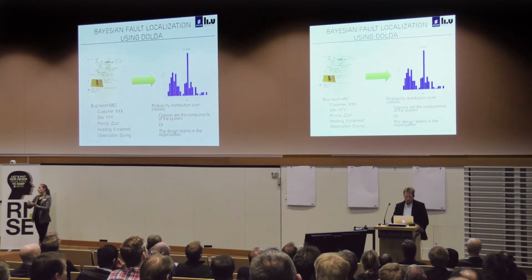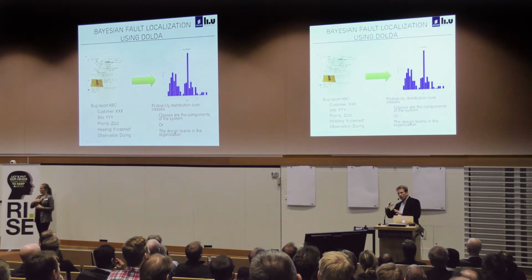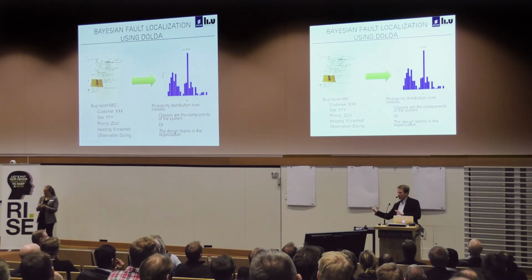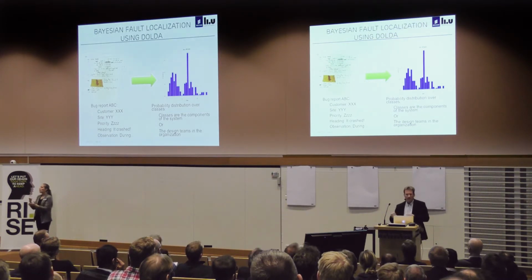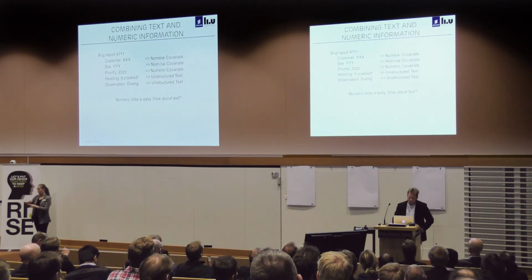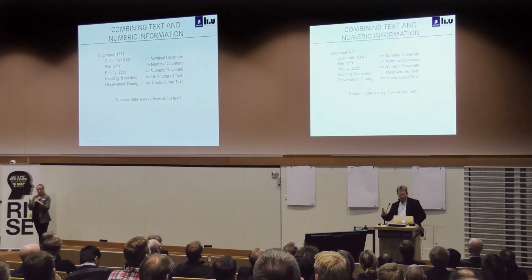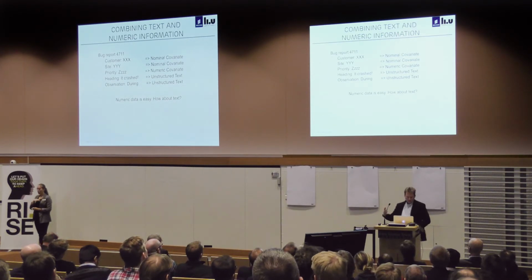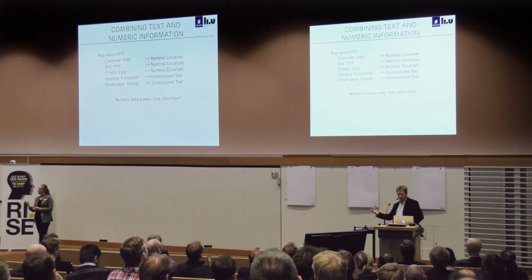So what do we want to do then? Well, we want to go from a bug report to a probability distribution over these classes, right? And the classes here are either the design teams or the components in the system. Again, we want to have some nominal inputs, like which customer, which site was it, which country, and we have this observation text.